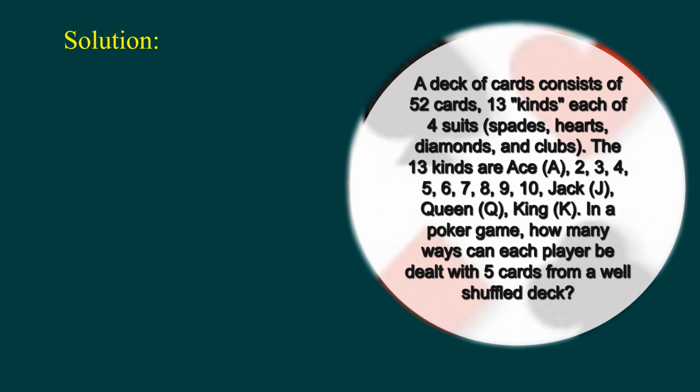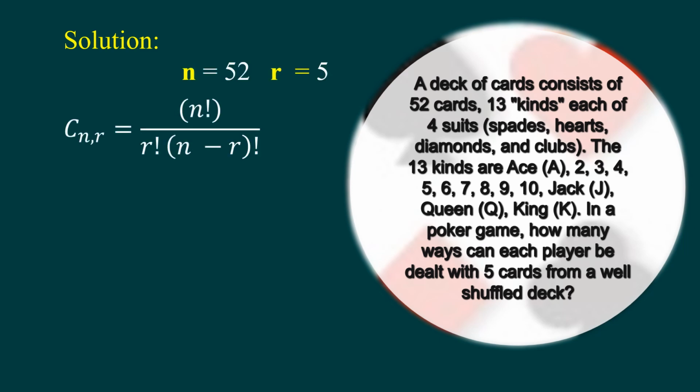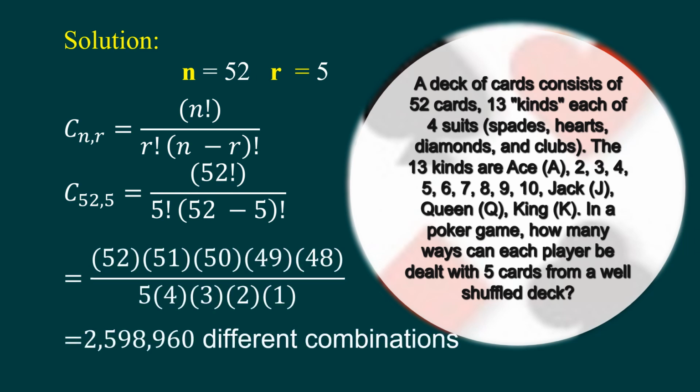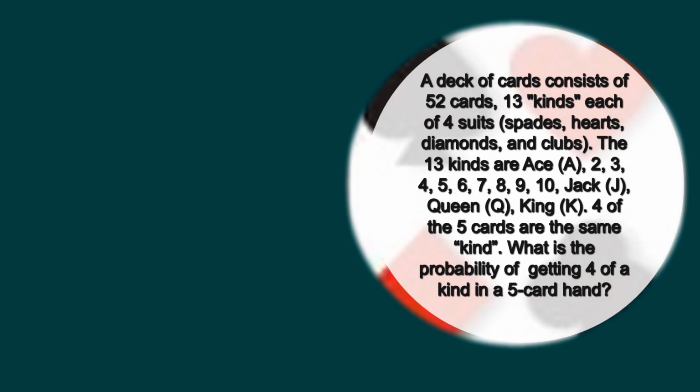With n equals 52 cards and r equals 5, the combination is 52 factorial divided by 5 factorial times 52 minus 5 factorial. The result is 2,598,960 different combinations of 5 cards that can be dealt to a player from a well-shuffled deck of 52 cards.